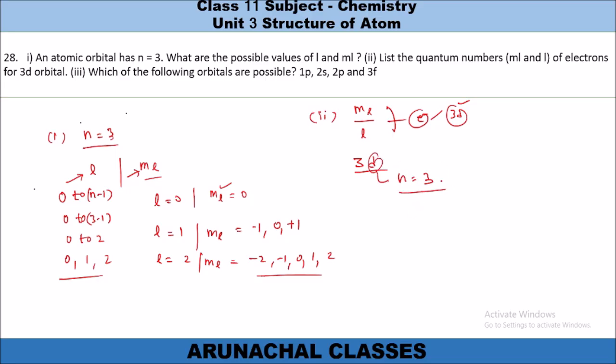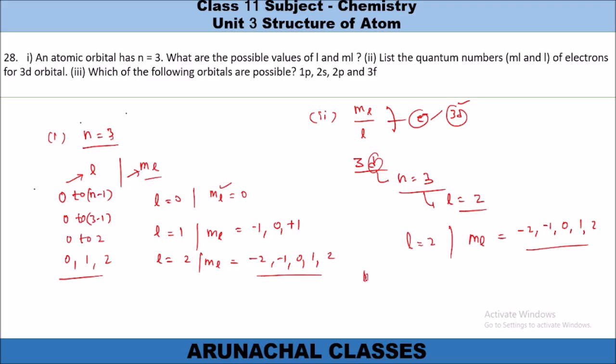If it is d orbital, this indicates that your l value will be 2, that is for d subshell. Now when l value is 2, then magnetic quantum number will be -2, -1, 0, 1 and 2. So these values will be present.